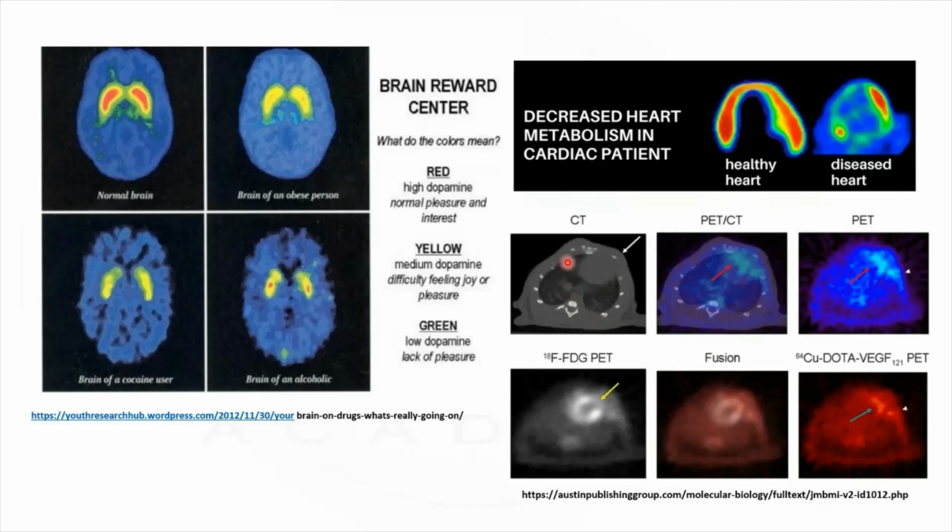And by looking at this image, you cannot say whether this ischemic area will go through angiogenesis or not, but by means of molecular medicine you can now tell whether this given area of the heart is going through angiogenesis or not. So by means of copper-64 DOTA VEGF, we can now say that this region is going through angiogenesis post ischemia. So that's the advantage of nuclear medicine, that it reveals information at the molecular level.